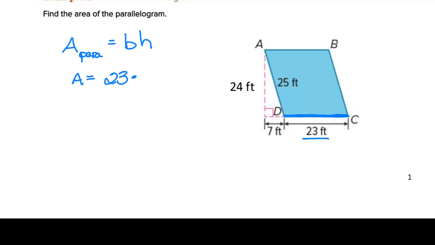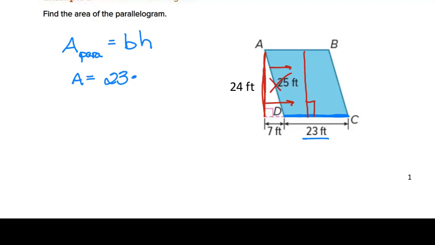And if you look, question? I do not want the slant height, so we don't want 25, okay? We want the straight up and down height that is right here that we could move over here and it would show to be 24 feet.